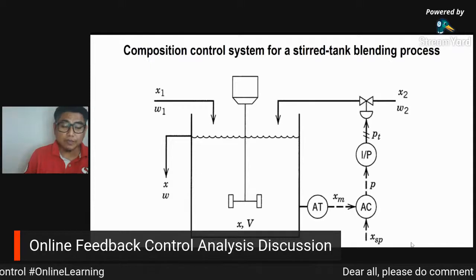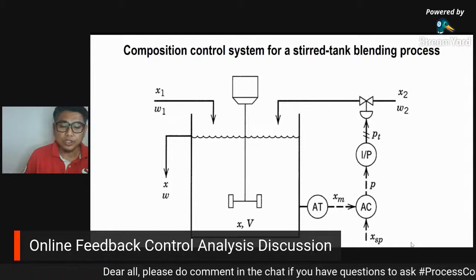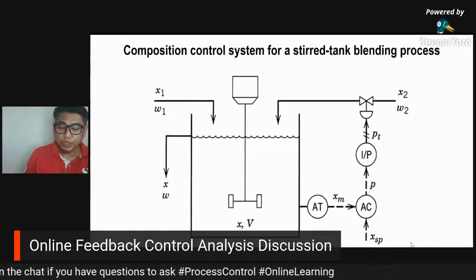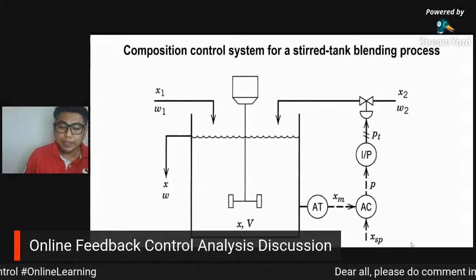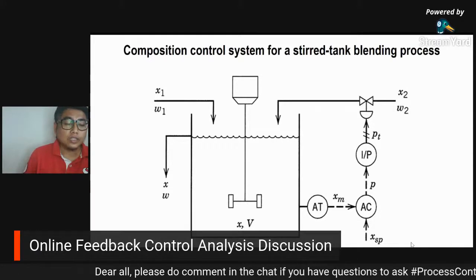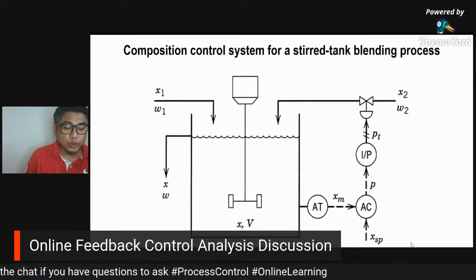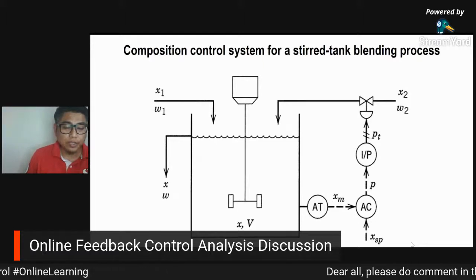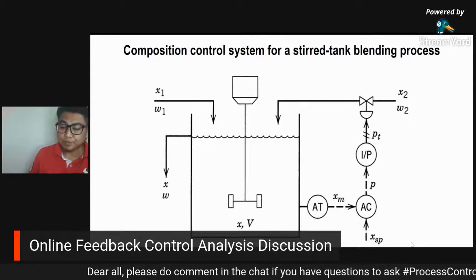From the Laplace transform, we can obtain two different transfer functions: GP, the process transfer function, which is the relationship between the composition and W2, and the second one is the disturbance transfer function. It is the relationship between X, the outlet composition, and either the flow rate of the first stream or the composition of the first stream.